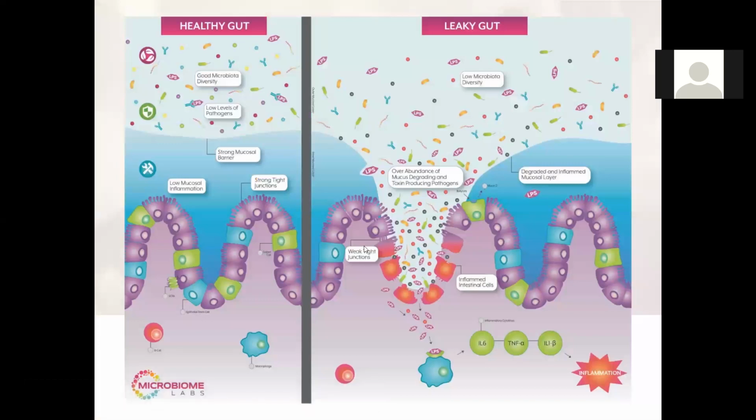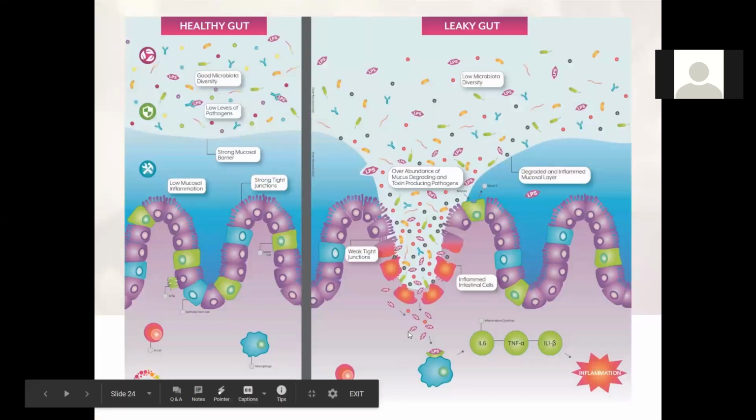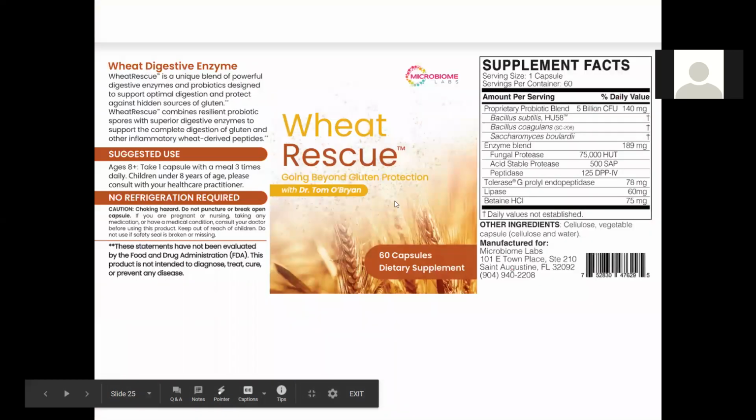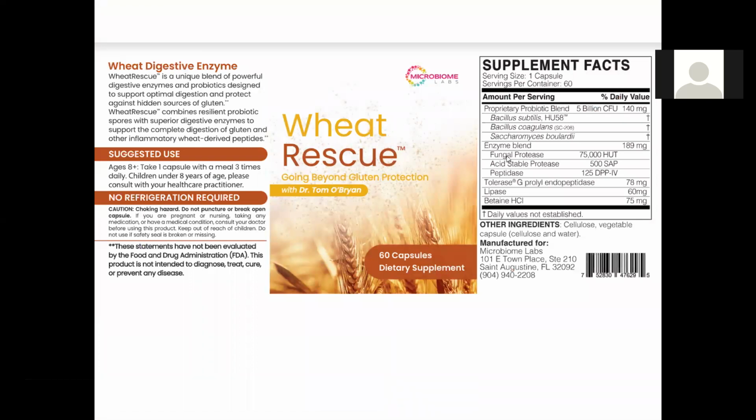Okay, the other thing that will cause inflammation, we're finding more and more reports that all people are affected by wheat proteins that will cause inflammation. So our latest formula is Wheat Rescue. We have these important enzymes that break down the wheat protein into non-immunogenic amino acids that will not cause inflammation.